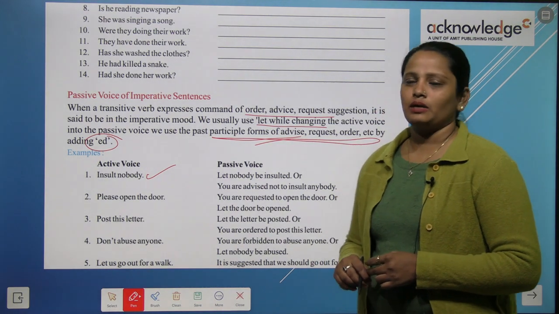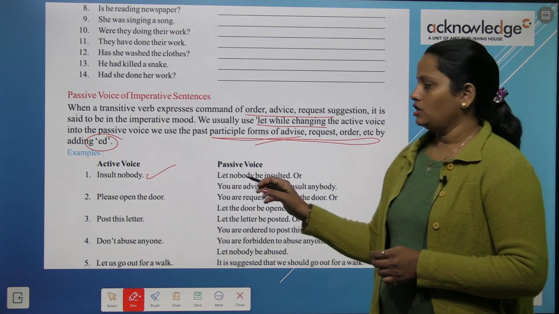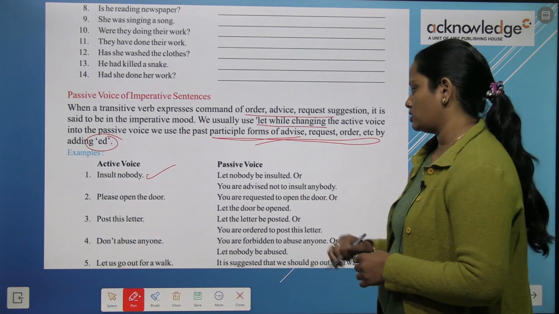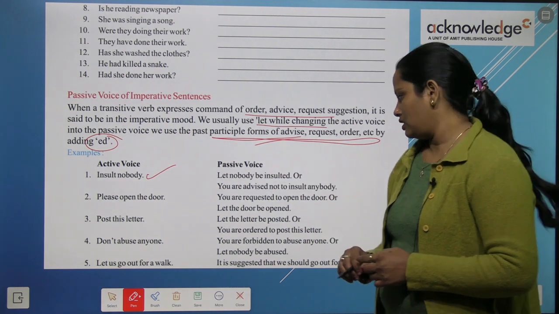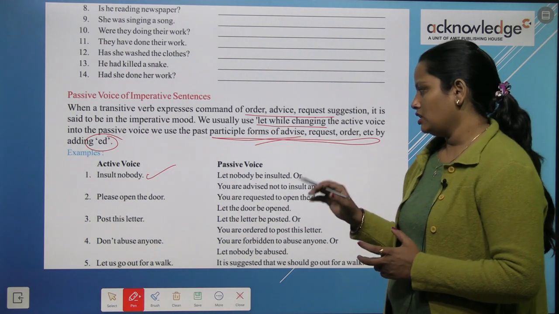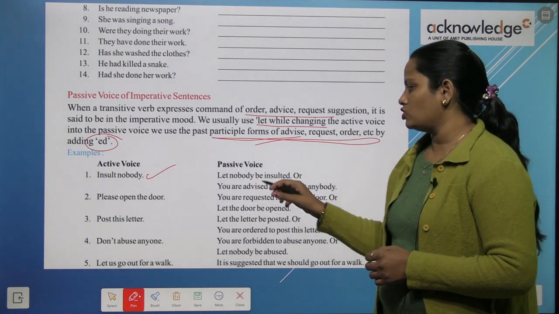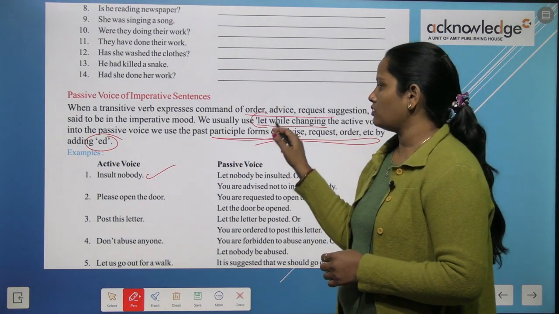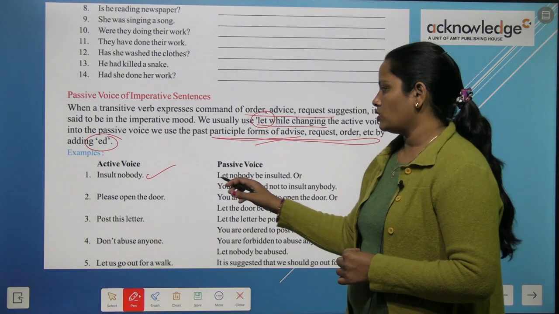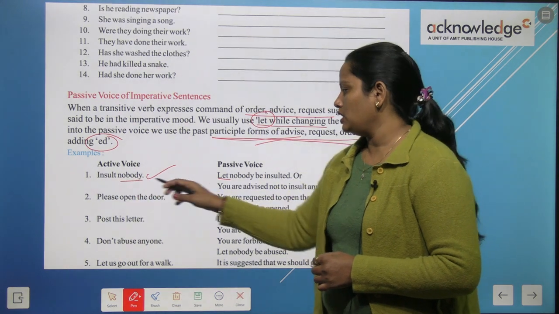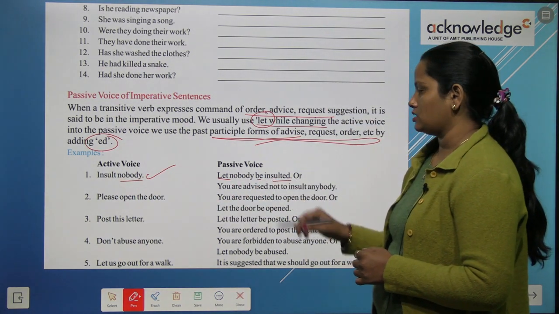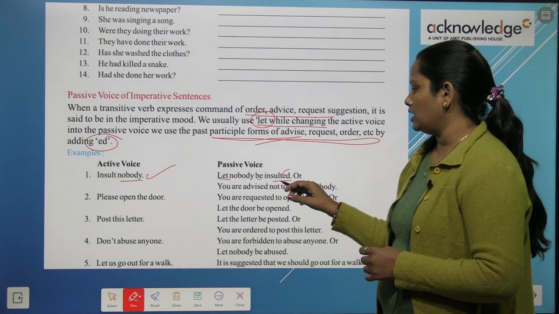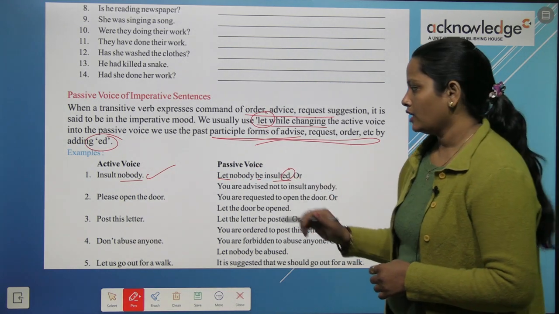So this is an imperative sentence. Now you can see we have changed this into the passive voice. So there are two ways. Let nobody be insulted. So we just read that we have to start the sentence with let. So, let nobody be insulted. Now what did we do to insult? We added ed, it became insulted.